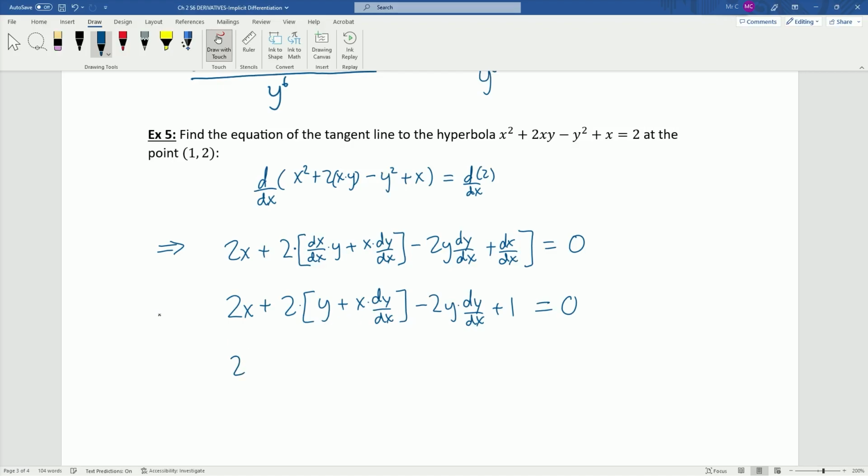We get 2x plus 2y plus 2x times dy/dx minus 2y times dy/dx plus 1 equals 0. And now we're at the stage where we just solve for dy/dx.